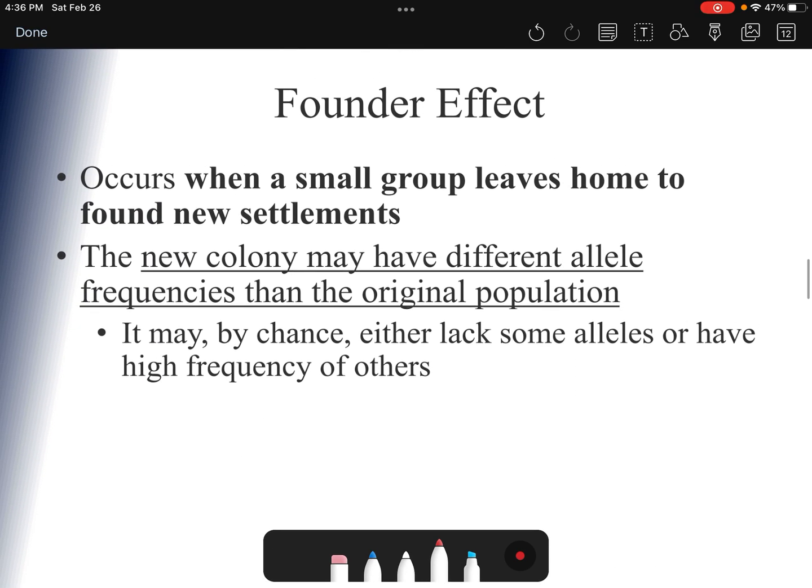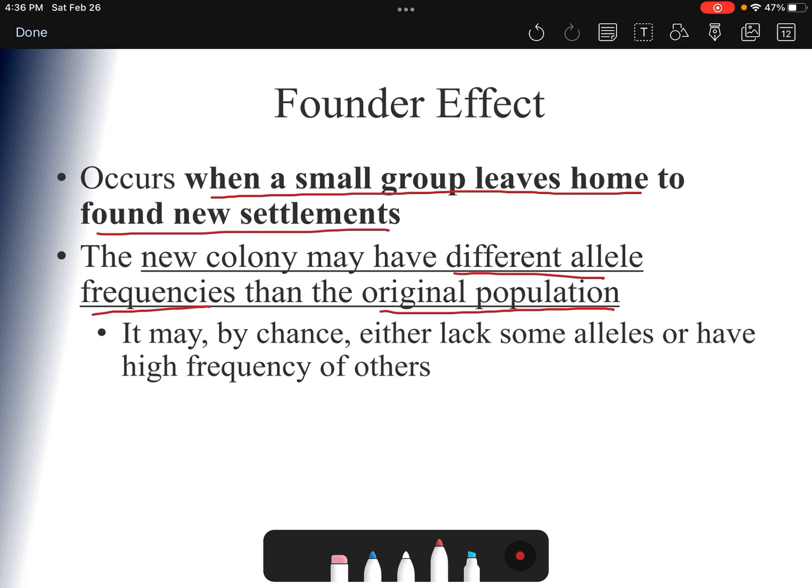So the founder effect: this is when a small group leaves home to found a new settlement. The new colony may have a different allele frequency than the original population has. What if the people who left just happen to be the few people that were carrying alleles for a certain genetic disorder, for example?